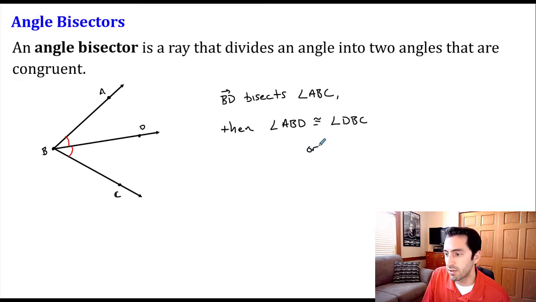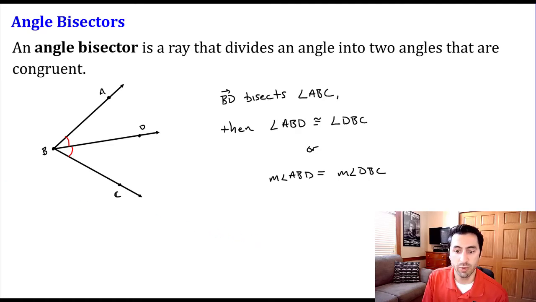Or I could say that they're equal to each other, so I could say that the measure of angle ABD is equal to the measure of angle DBC. In that last piece, that equality statement, that's what we can use to help us write and solve equations when we're working with these angle bisectors.